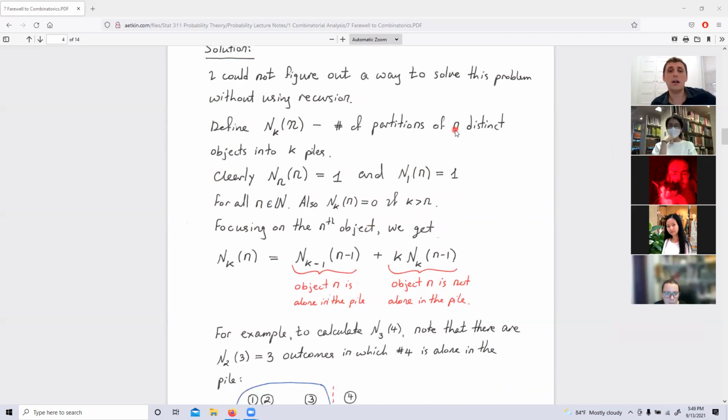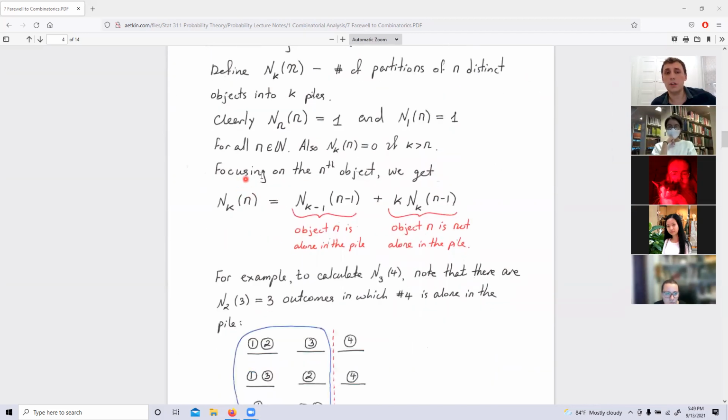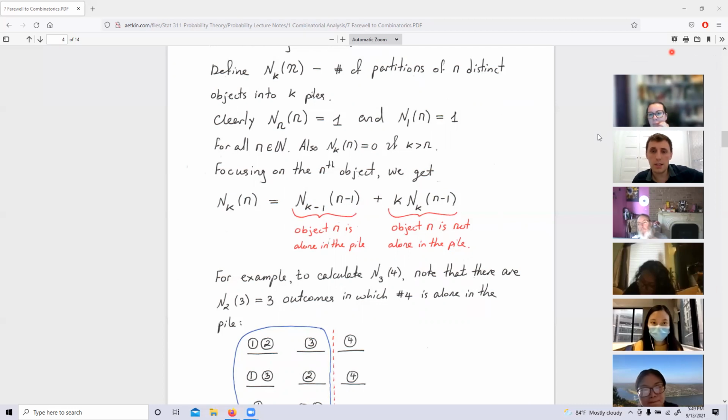So then I arrive at the following recursive formula. You can just take N sub k of n. That will be N sub k minus 1 of n minus 1 plus k times N sub k of n minus 1. Now, how do I come up with this formula? Very simply. Think about it, guys, right? If I have k piles, remember what we did with Jimmy, right?